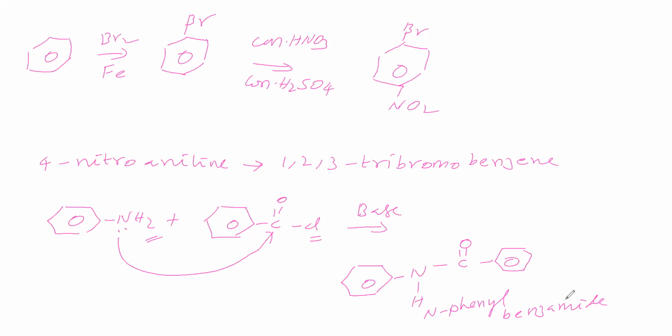Next reaction we'll see. How would you convert aniline into chlorobenzene? We take aniline and take it for diazotization, so we get benzene diazonium chloride.